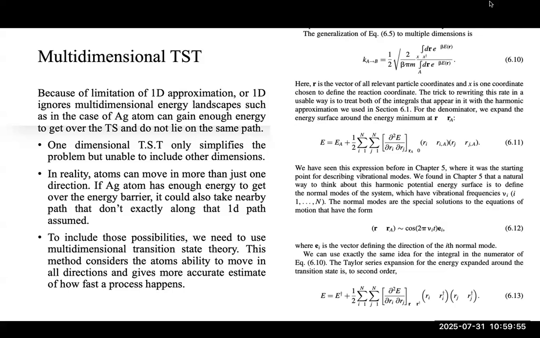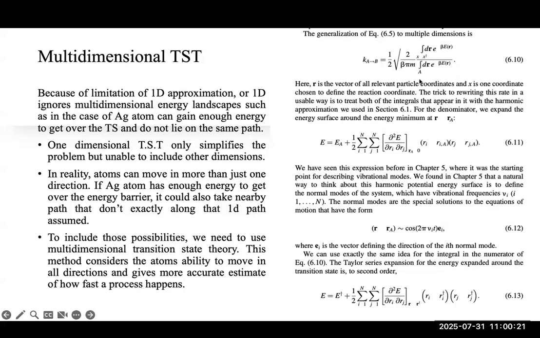It may go this way or this way. So many directions are possible. One-dimensional transition state theory cannot include all these possible pathways, so to include them, we're going to talk about the multidimensional transition state theory.